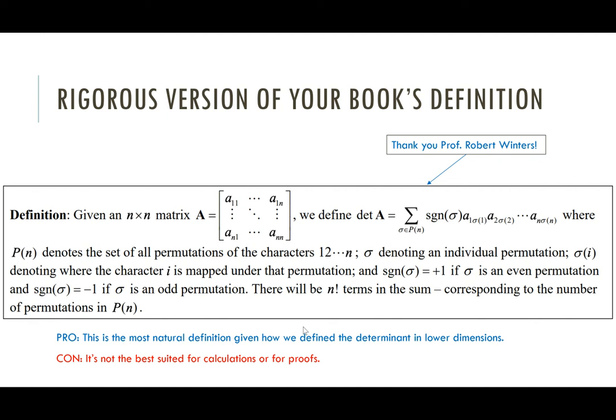It's really not the best suited for either calculations or proofs, which is why I ended up not going with it. So I went with the version that's most suited for proofs, and other books might go for this one or the one that's best suited for calculations. And indeed, previous editions of your textbook went with a different definition. They went with the recursive definition of the determinant.